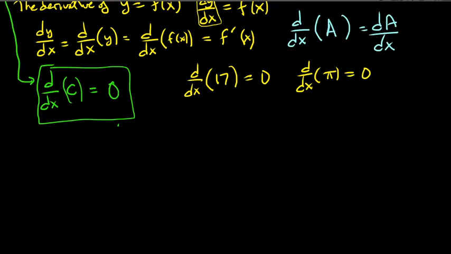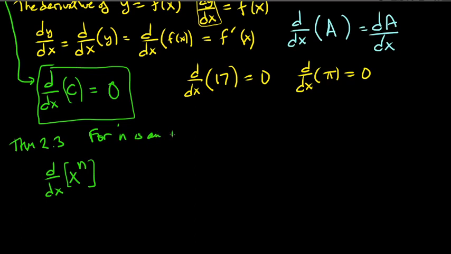The next thing we're going to do is take the derivative, so this is theorem 2.3, the derivative of x to any power, so x to the n, for n being an integer. So it could be positive, negative: -3, -2, -1, 0, 1, 2, 3, and so on.